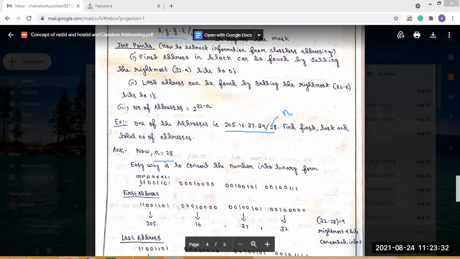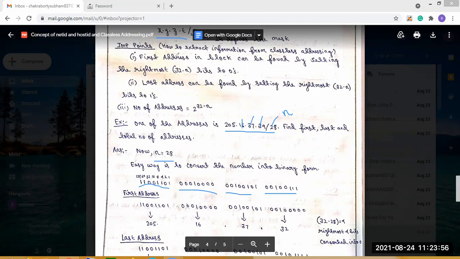So 205, the binary form will look like this. This 16, the binary form will look like this. For 37, the binary form will look like this. And this is the binary form of 39. Now you see, we didn't consider the 28 because we didn't consider the mask.